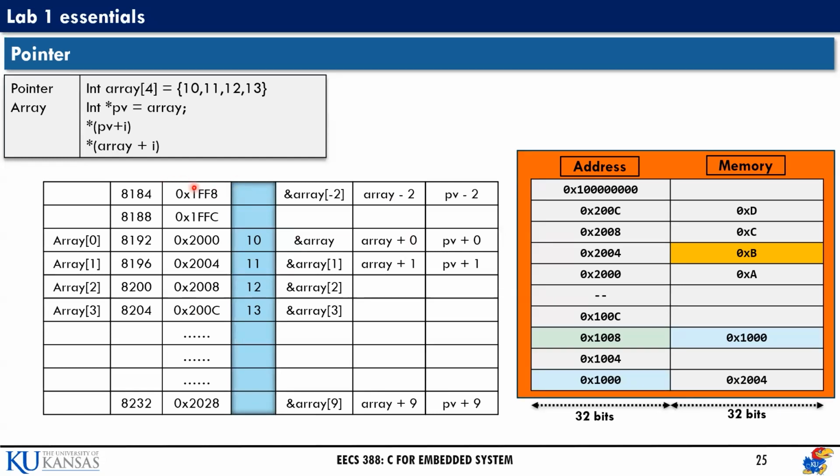So as you can see here, these are very efficient techniques to collect data from the memory. And all the techniques are doing the same thing here, that is accessing the memory location. So based on your preferences, you can use any of them.